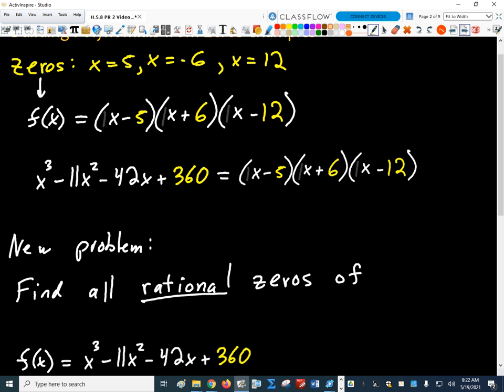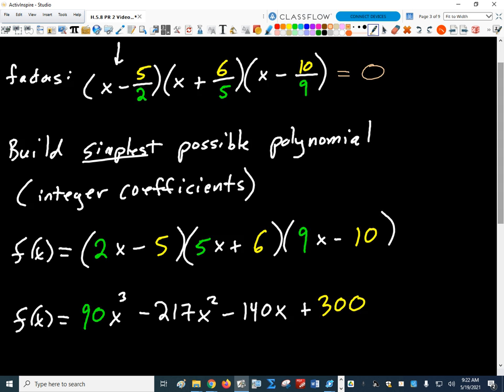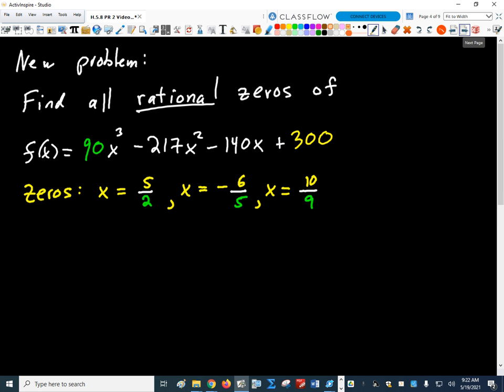Okay, so now how could I turn this around and work backwards with this problem and find all the rational zeros? You see a way that I could come up with maybe not the exact answers right away, but a list of possible answers that I could check and extract the 3 correct zeros?